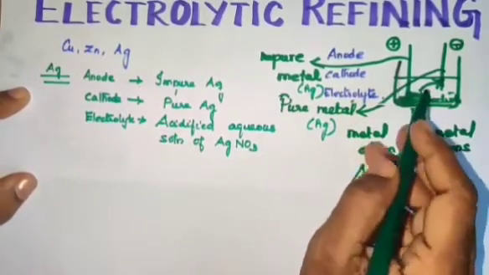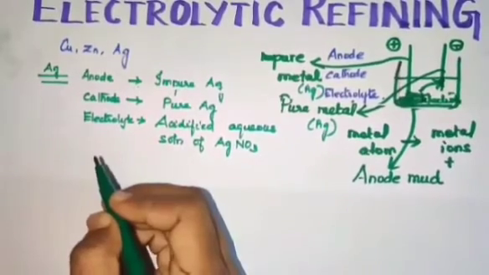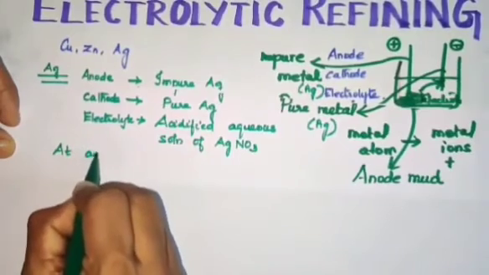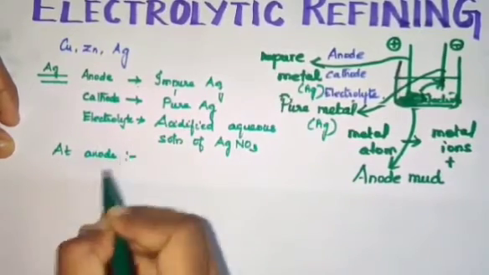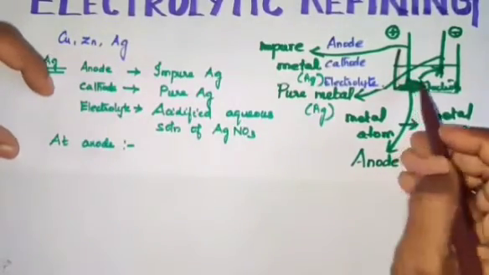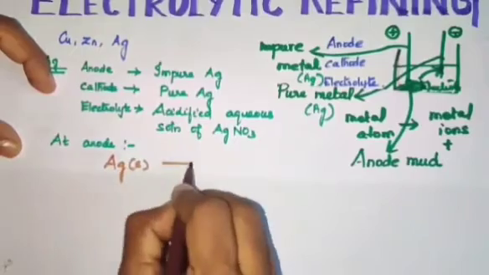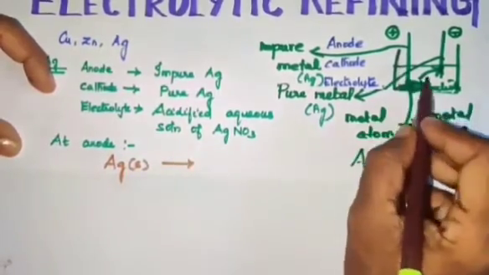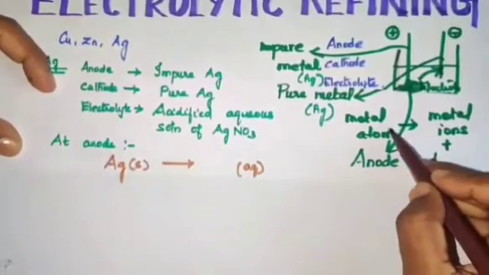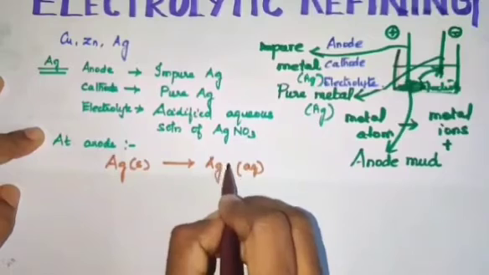When a current is passed through the electrodes, the following reaction will take place. At the anode, the metal silver present in the anode is dissolved as metal ions in the solution, so we write aqueous. The metal atom is a solid, then the metal atom converts into a metal ion.